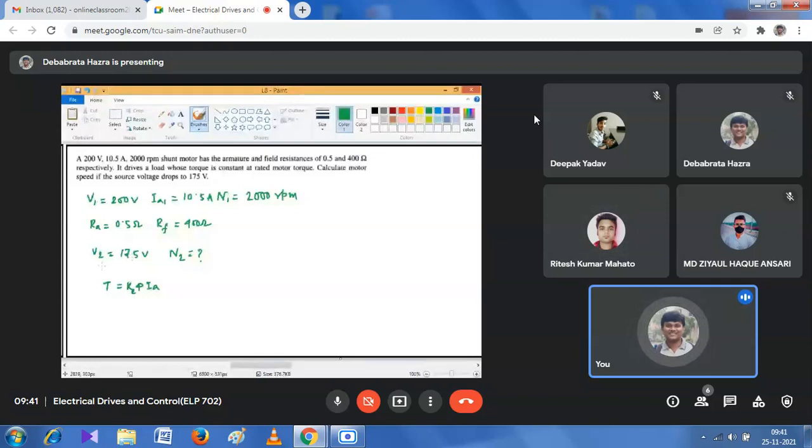So we have to write the torque equation as T is equal to K phi into Ia. Where the supply voltage is constant, at that time we can write T is equal to K into Ia.